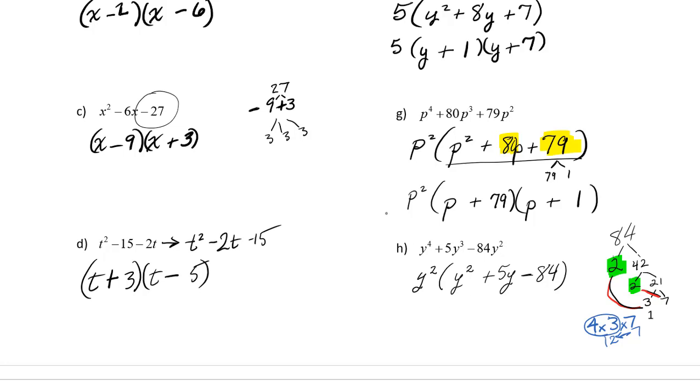So my factors for this last trinomial are going to be y and 12 and y and 7. And my signs in between have to be positive for the larger number and negative for the smaller number. Don't forget to drop your y squared down front.